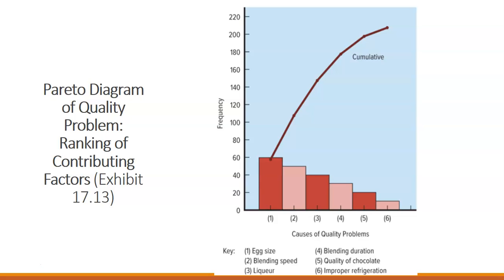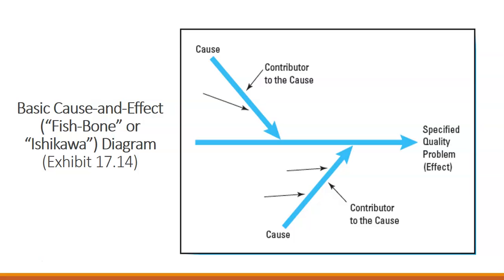contributor. This next example is a basic cause and effect diagram, also known as a fishbone diagram or an Ishikawa diagram. So what is the cause, and what is the specified quality or problem, the effect? These are the contributors to the cause.